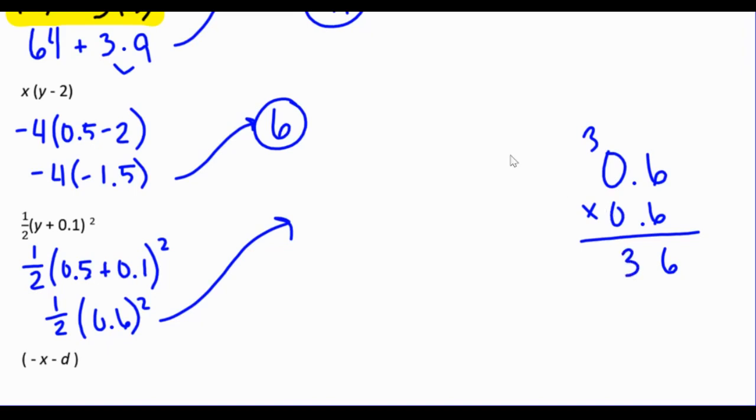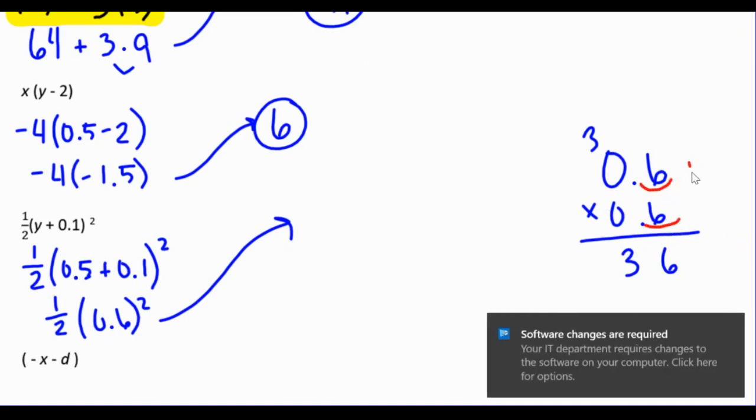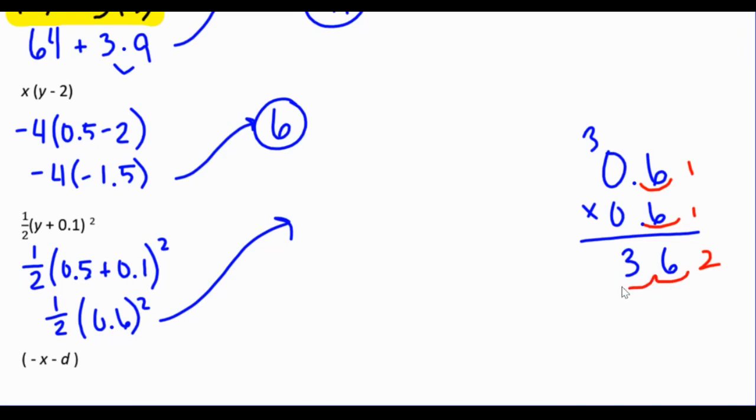And I have 2 decimal places here, right? I have one spot here and one here. So my answer has to have 2 decimal places. So I go back 2. Right? So 0.6 squared is 0.36.